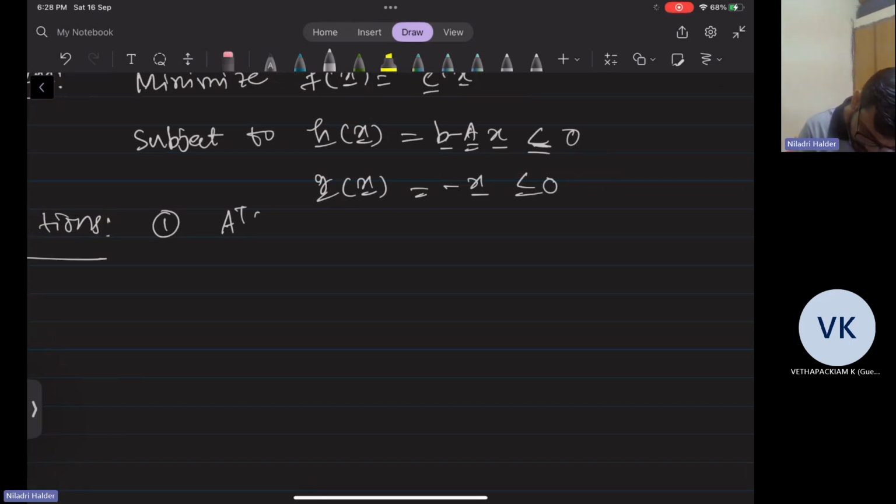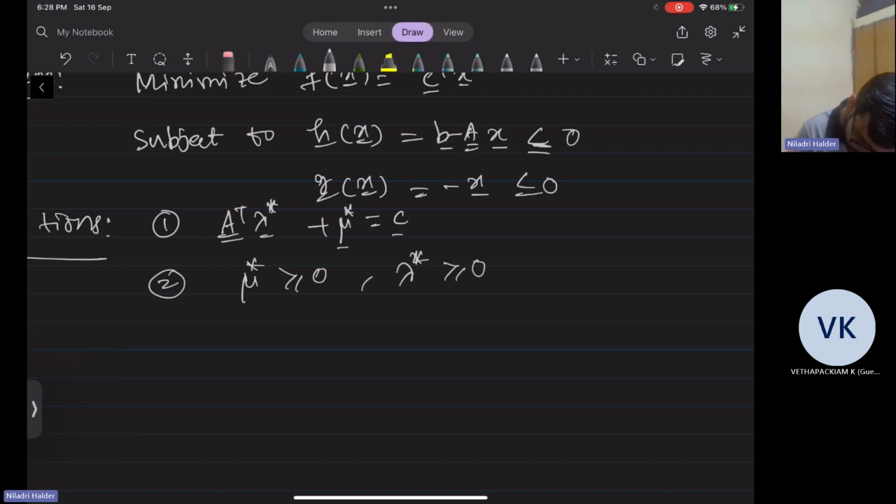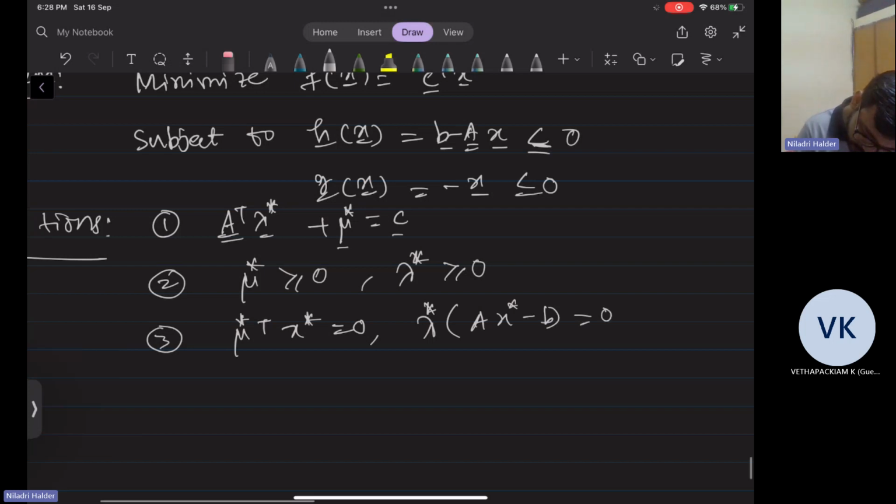A transpose lambda star plus mu star equals C. Second is mu star greater than or equal to 0, lambda star is equal to 0. Third condition, mu star transpose x star equals 0, lambda star times A x star equals 0.